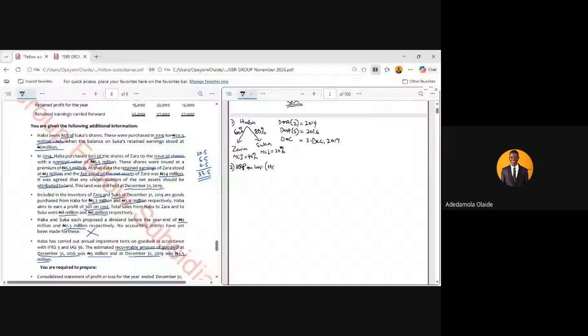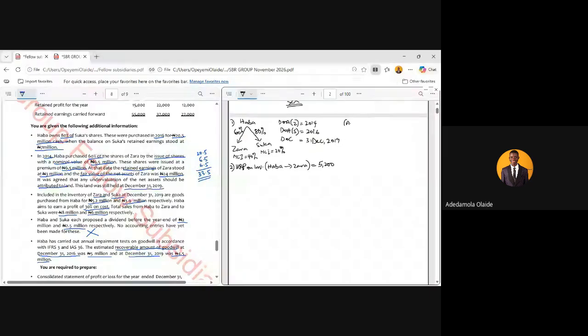Zara. It is Abba that is selling to both of them. So we'll say Abba to Zara. Abba to Zara will be, they sold the inventory they have left is 5.2 million. So I'll quote it in thousands.